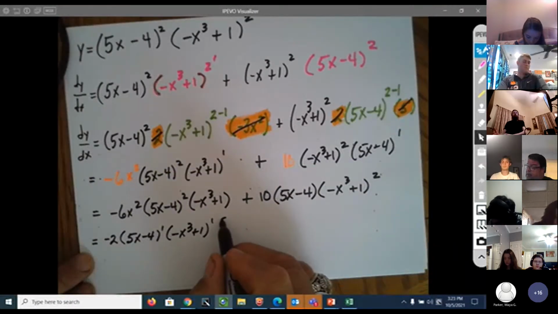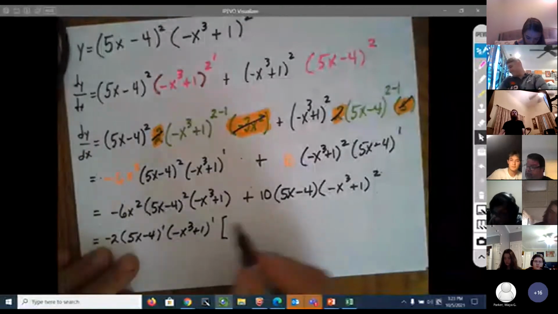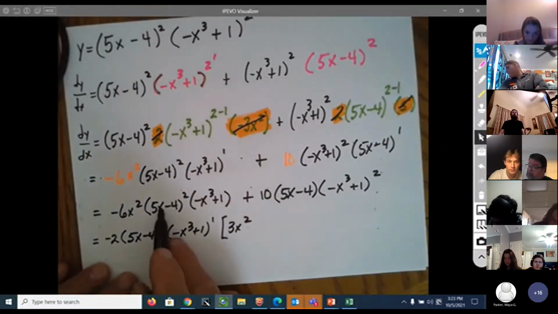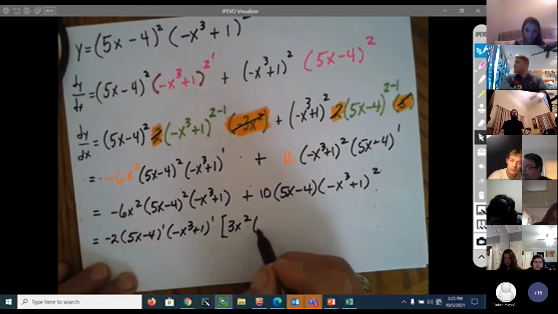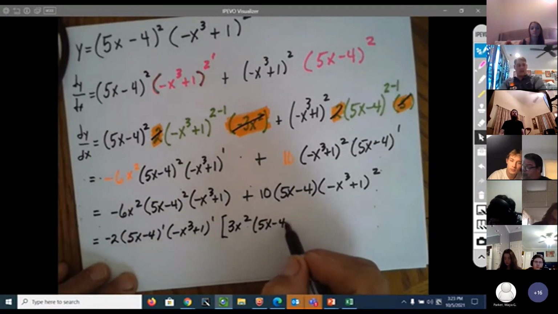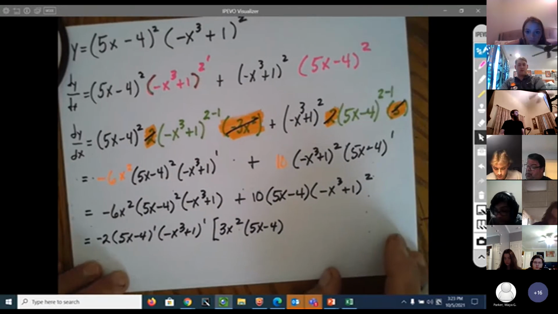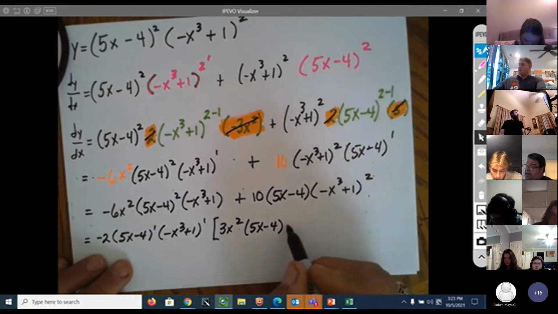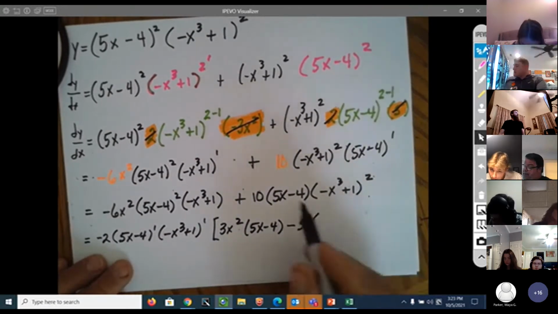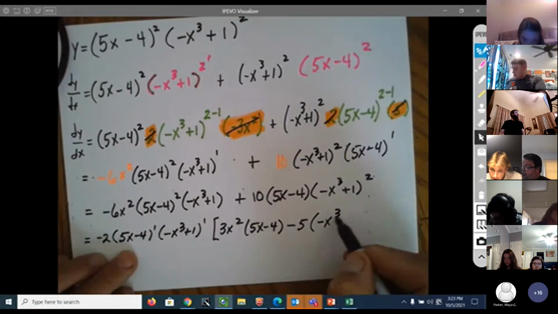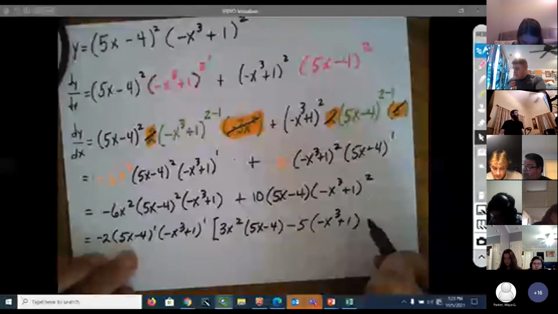And that's going to give me a 3x squared, and that's going to be 5x minus 4, and that's going to cancel. Minus 5, and that's going to cancel. But that's going to leave this (-x^3 + 1) to the first power.